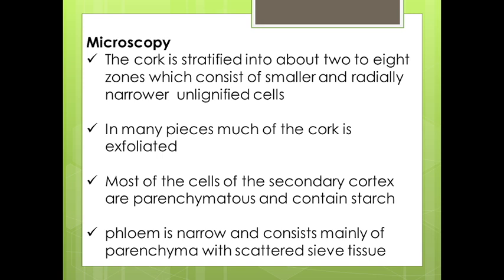The cells of the secondary cortex are parenchymatous and contain starch. After that, the phloem is narrow and also made up of parenchymatous cells with sieve tissue, and sclerenchyma is absent in Rauwolfia.